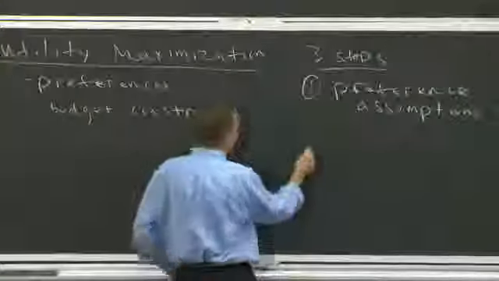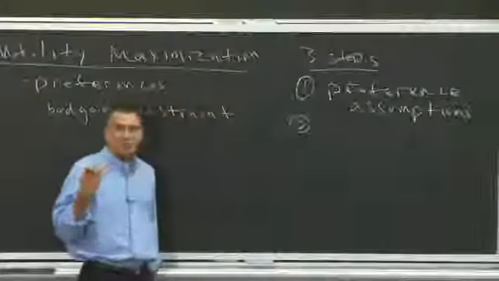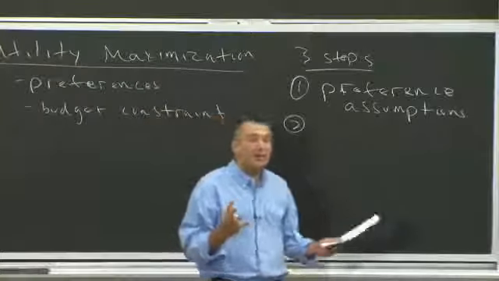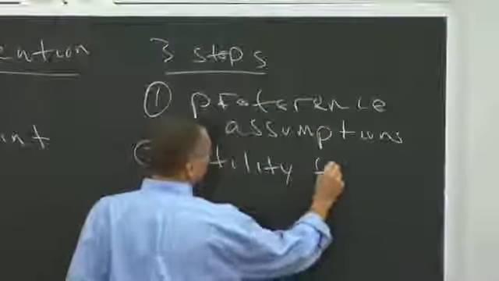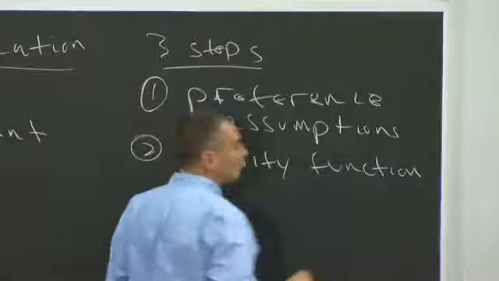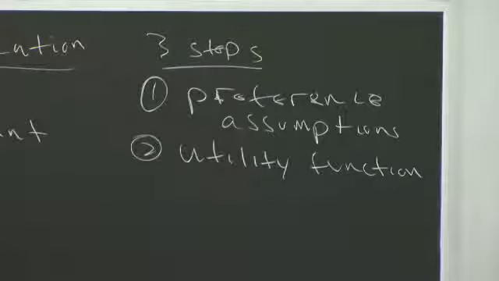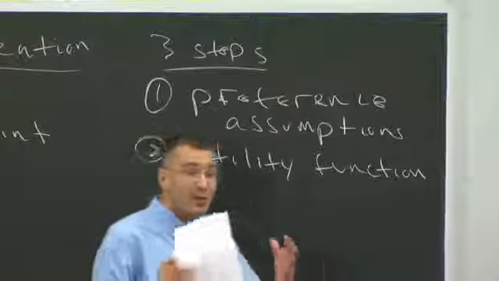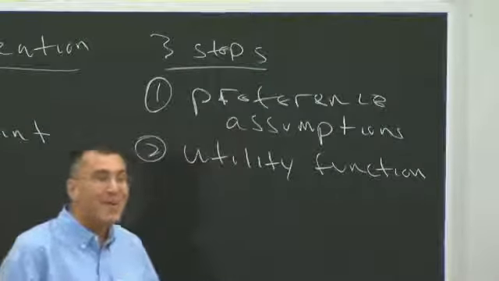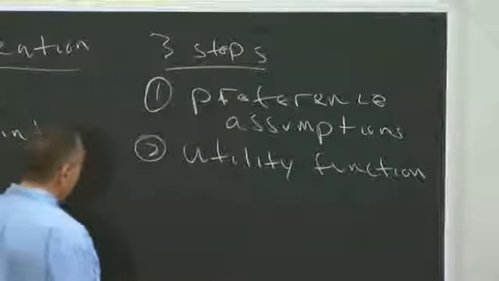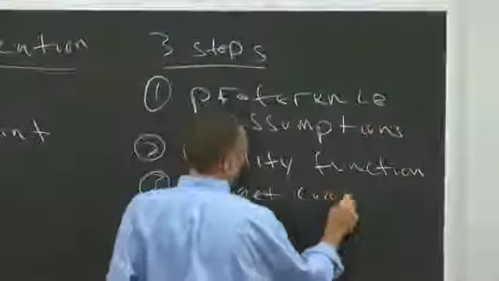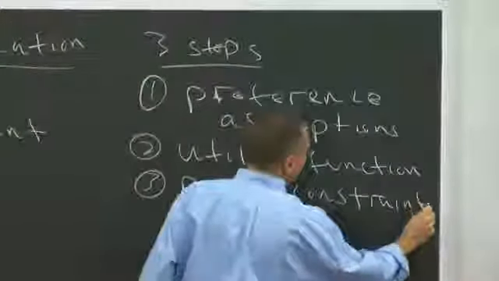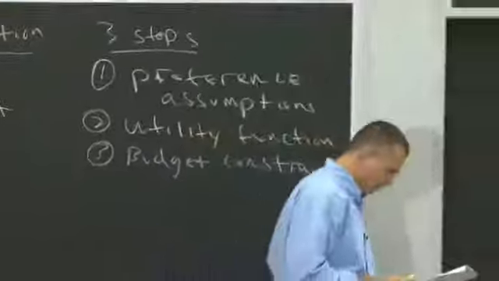We'll then talk about how we translate these preference assumptions into mathematical tractability through the use of the utility function, which is a mathematical representation of underlying consumer preferences. So we take these preferences and translate them into something we can work with here at MIT by making a utility function. And then finally, we'll talk about budget constraints. Armed with these three things, we'll be able to model how consumers make decisions.